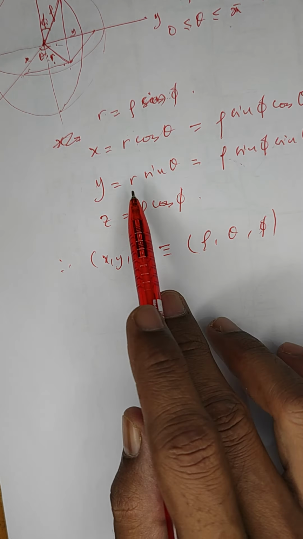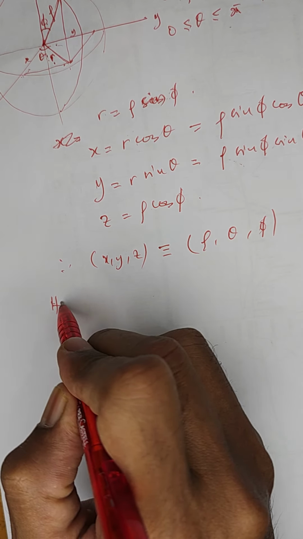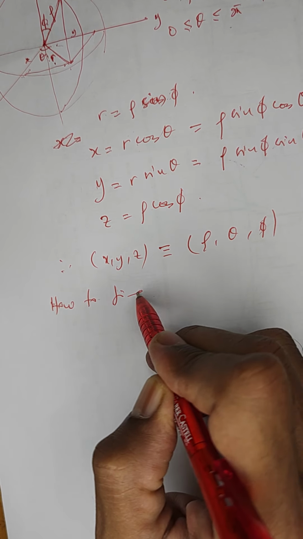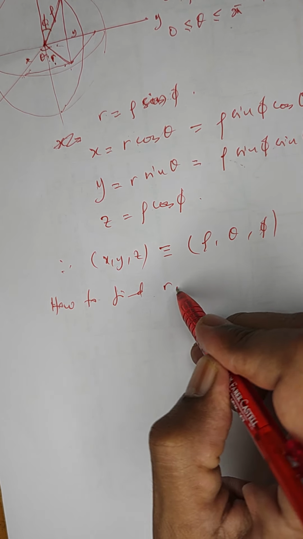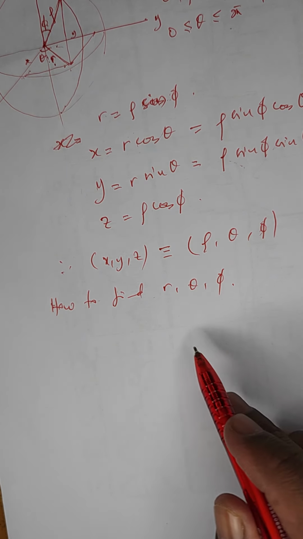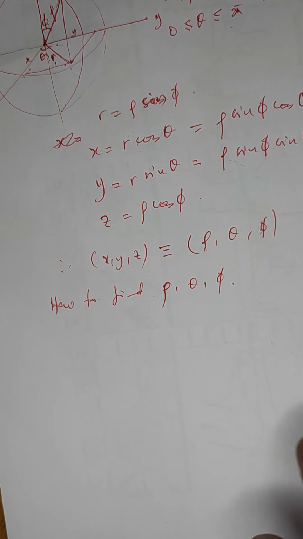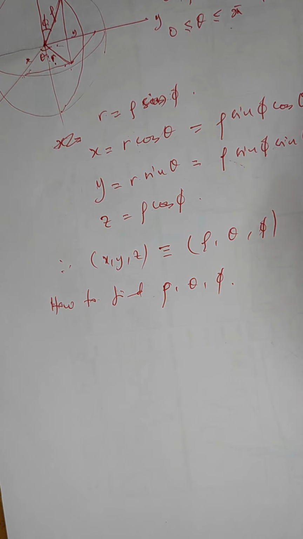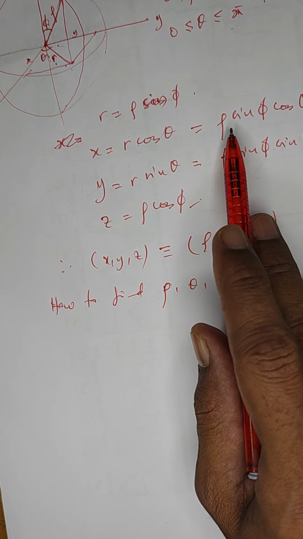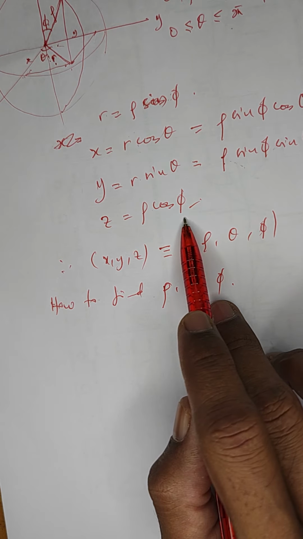From there, if you are given x, y, z, then we need to find rho, theta, and phi. How do we find them? It is not difficult to show, from these relations 1 to 3. If you square x, y, and z, that will give you rho squared.